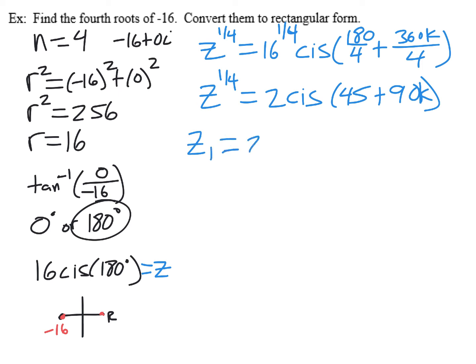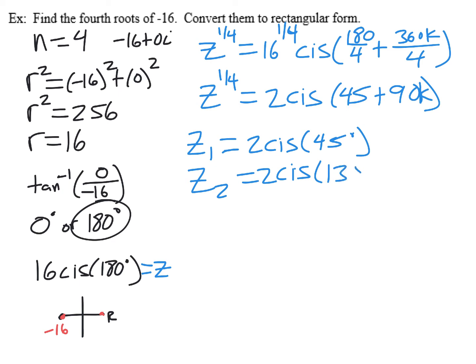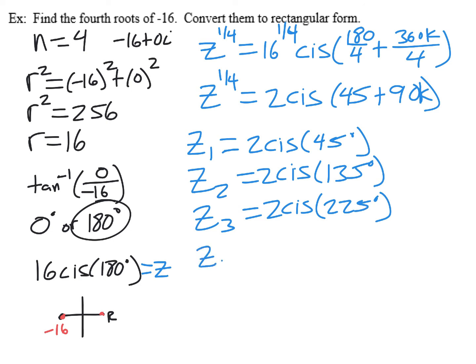So for your first answer, we got 2 CIS 45, and just start adding 90. 2 CIS 135. 2 CIS 225. 2 CIS 315. Okay.